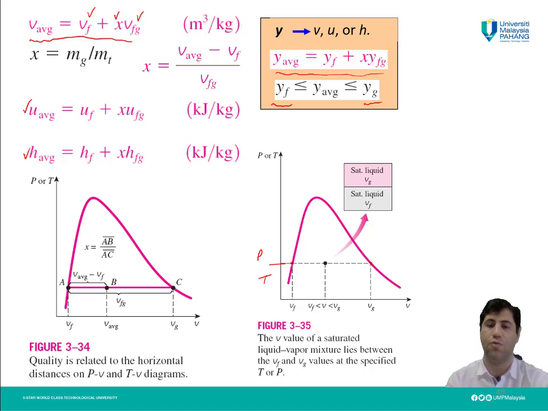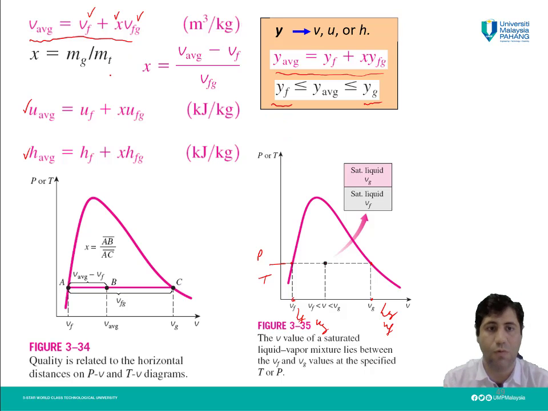The closer to Vf, the closer the value of V for the mixture is to Vf. But it is always between these two values. It is the same for Hf, Hg, Ug, or Uf in these two different states. And this is also U average, V average, and H average as well.